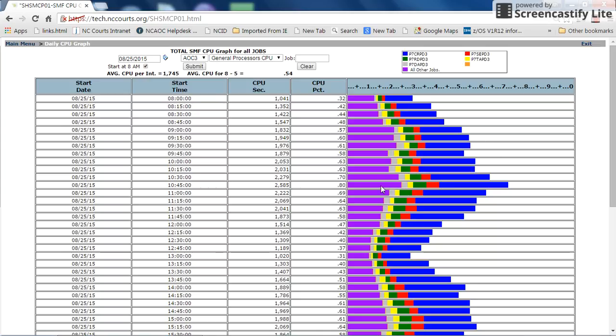It might be a little more timely that way, because the interval starts based on when the job started. So it's not like you get good data on the 15-minute interval, like 8 o'clock, 8:15, 8:30. You almost need 30 or 40 minutes past the time that you might have had a problem before you can look with this tool to see it.